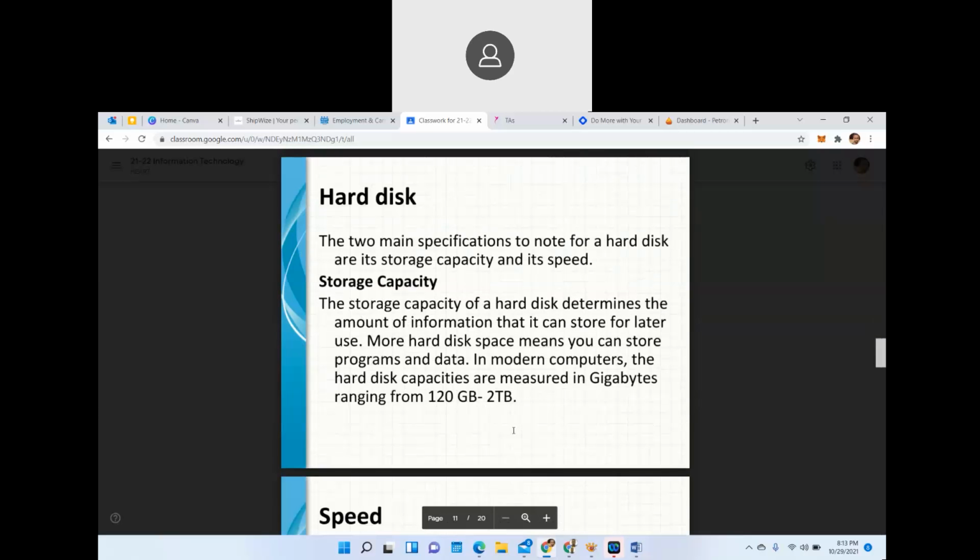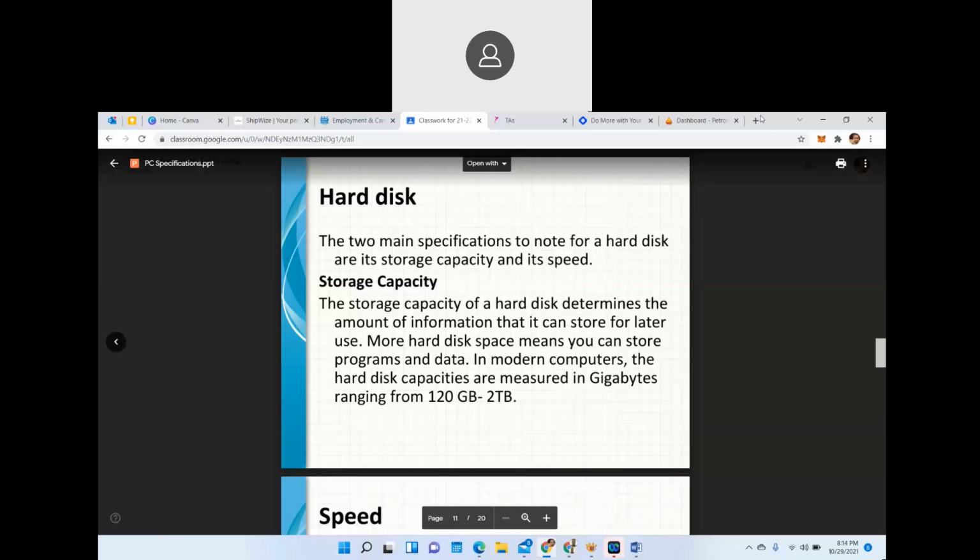The next important thing that we look at when we're going to buy a computer is the hard disk or solid state. Hard disk is the common type of secondary storage device used in a computer. The hard disk stores all your programs and data in the computer.